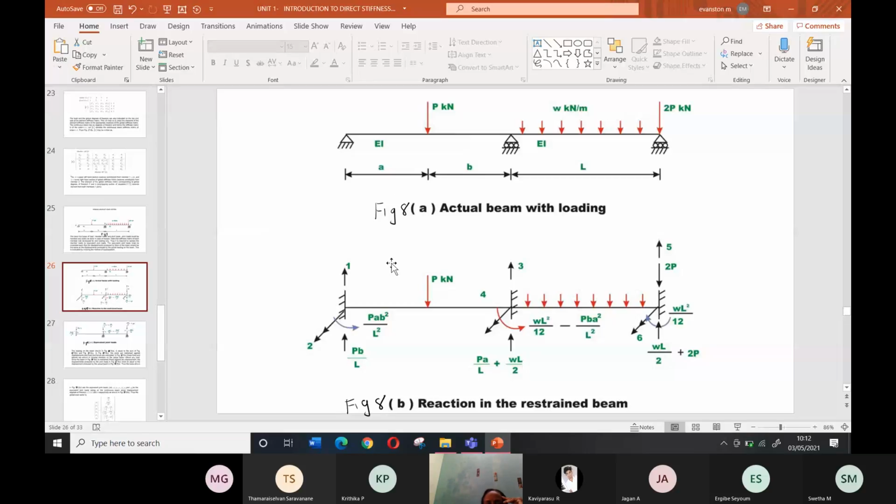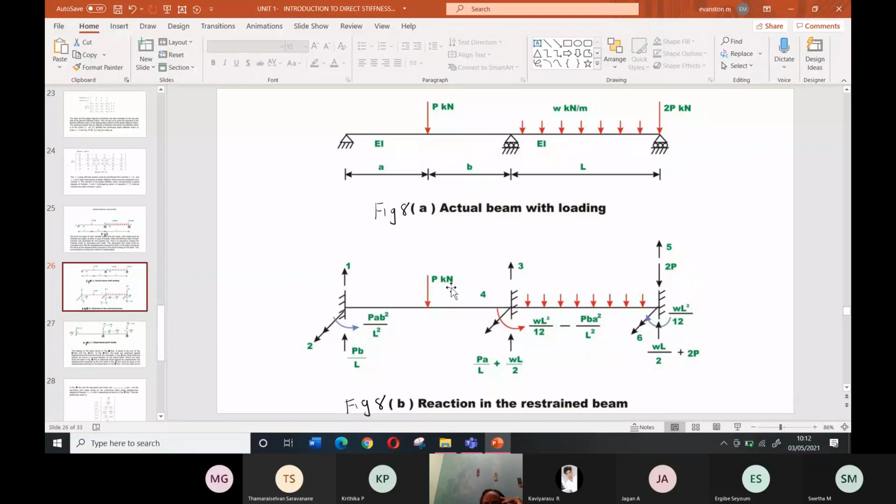So suppose the point load is applied like this, and I ask you to find out the equivalent joint moment, then what is the joint moment? Moment is PAB square by L square, and the reaction is PB by L. Suppose I ask you to find out at the end B, the second joint, then you will have the moment from this beam and the other beam also.